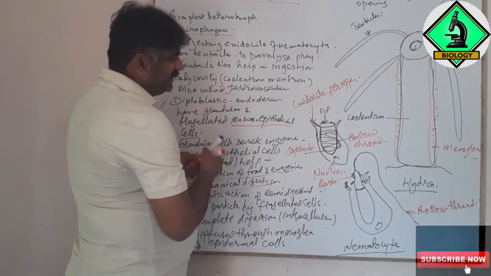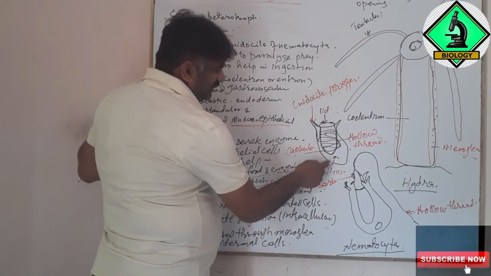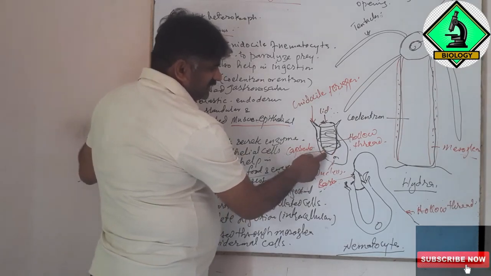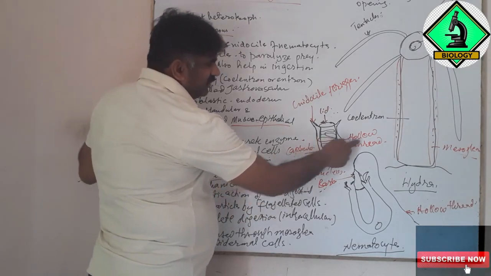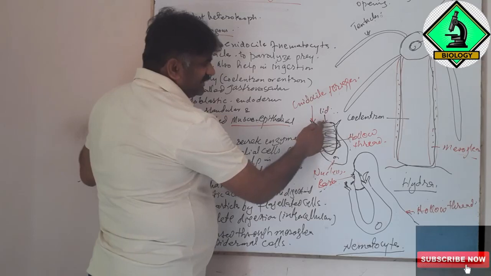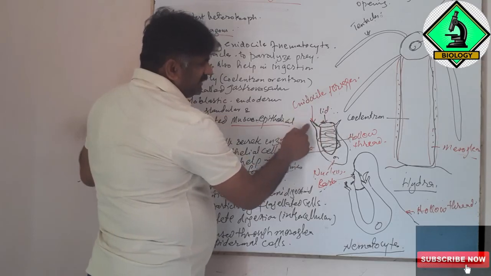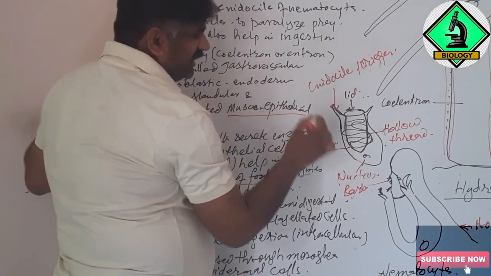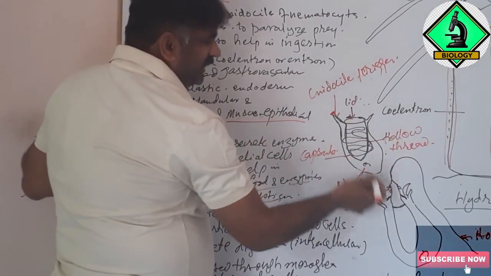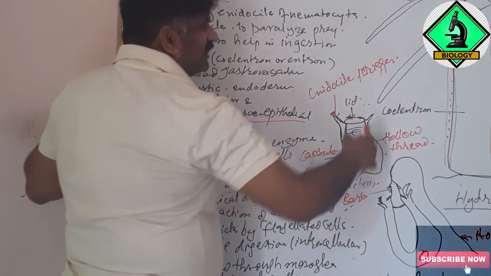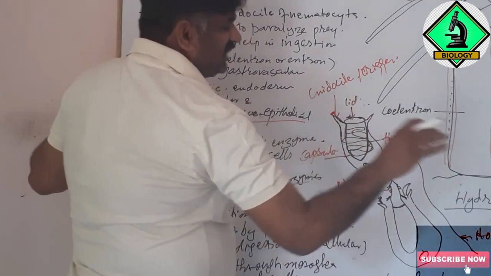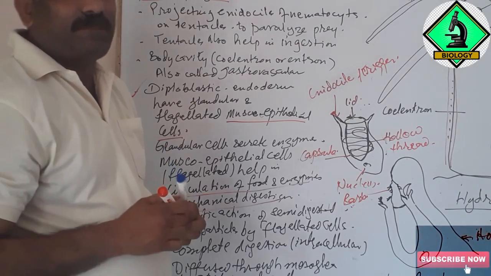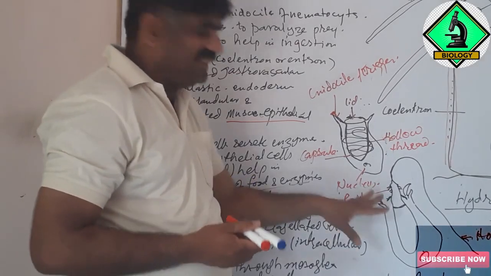In the uncharged state, you see this is the outer capsule, this is a hollow thread, this is a lid, and this is a cnidocil or trigger. When any organism is brushed against this trigger, the lid opens and the hollow thread comes out, touches the prey and paralyzes it.